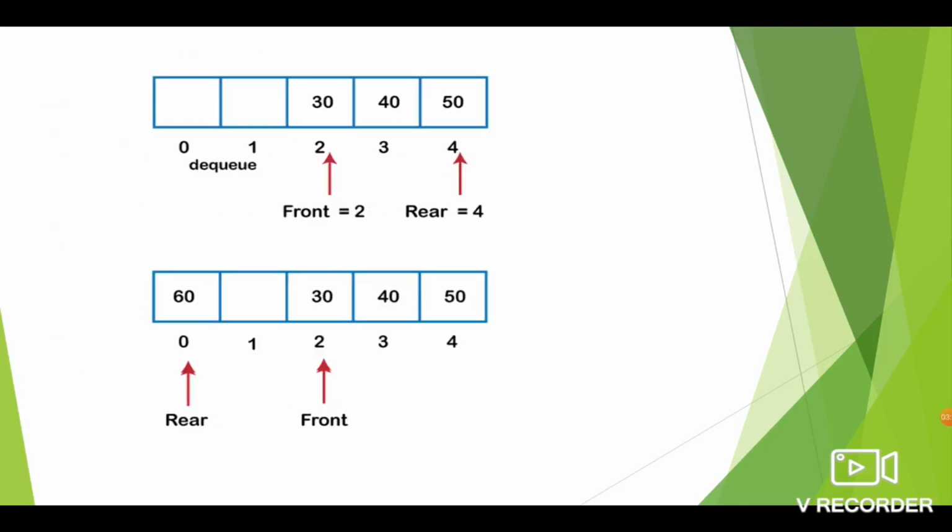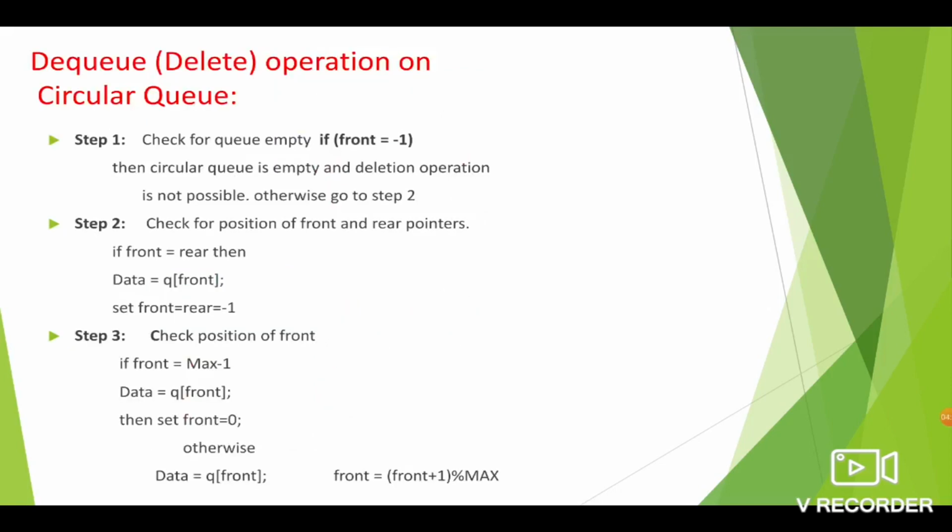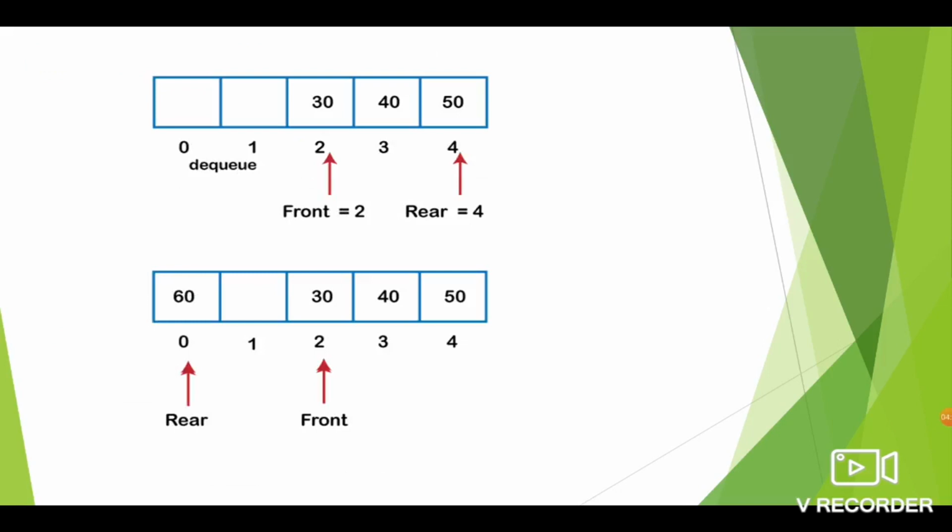Okay. So see the figure. Rear equal to 4 and front equal to 0. Sorry, front is pointing to the element 30 and rear is pointing to the element 50. Okay.